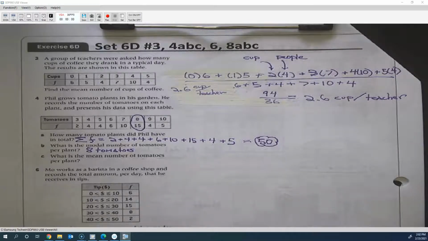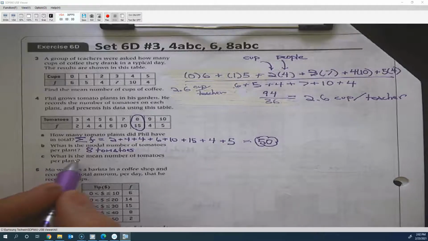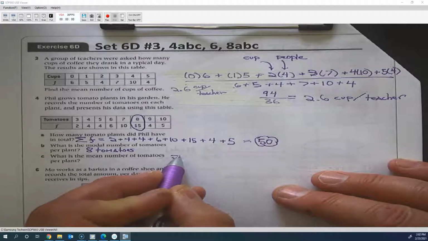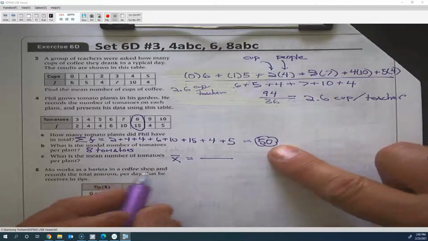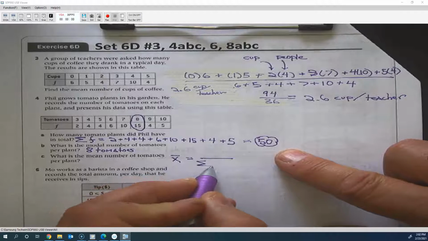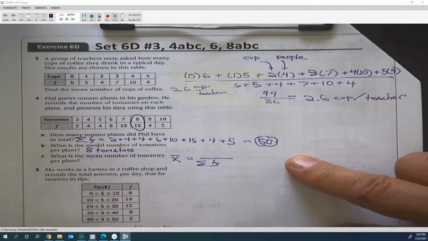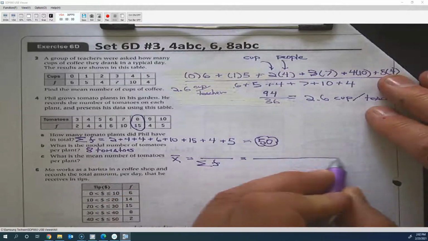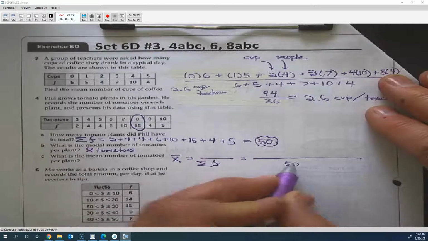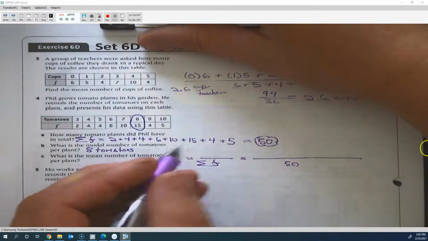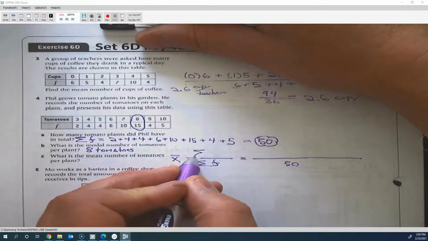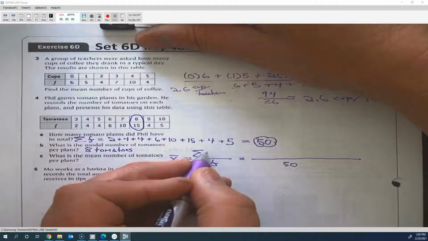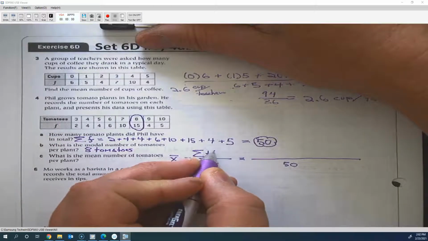Okay, and now the question's asking what's the mean number of plants? Well, we know what the bottom is. That's the frequency, which is going to be, in this case, 50. And then the top is going to be the sum of the tomatoes times the frequency. So I'm just going to put TF.